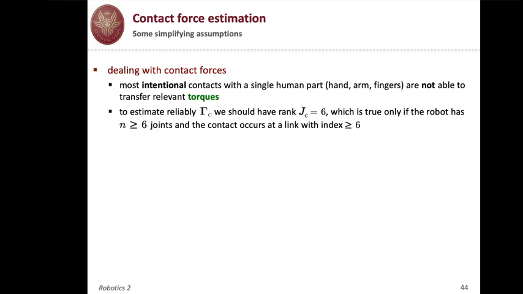But the point is that the contact should occur at the 6th or 7th link only, because otherwise the Jacobian would have some 0 columns, and therefore it could not reach the full rank required to estimate the full 6-dimensional wrench. So to make things much simpler and also more practical, we assume that there's no moment at the contact. So we consider only estimation of a pure Cartesian force Fc.